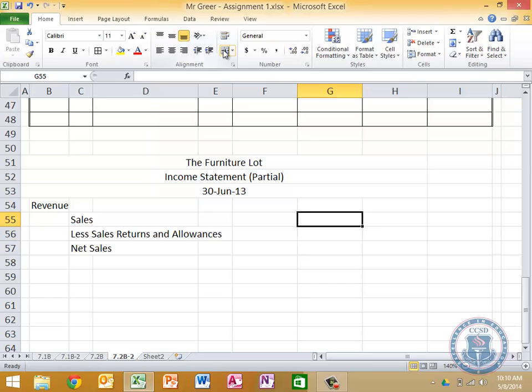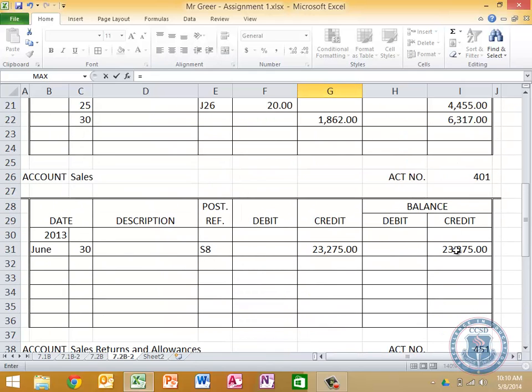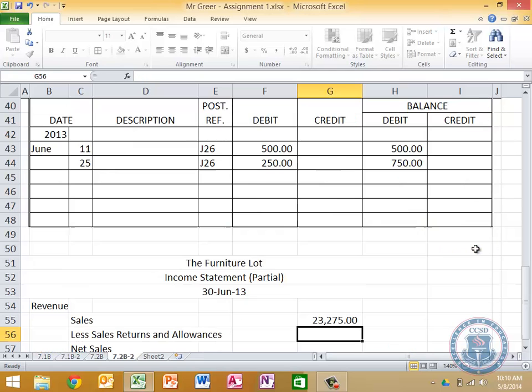So I'm going to go ahead and put in here our sales were what? Equals, and I can go up to my sales balance, 23,275, less our returns and allowances equals our returns and allowances, which is right above me in this ledger. It's a good thing I did it on the same page, huh? So 750, I'm just going to take my final balance.